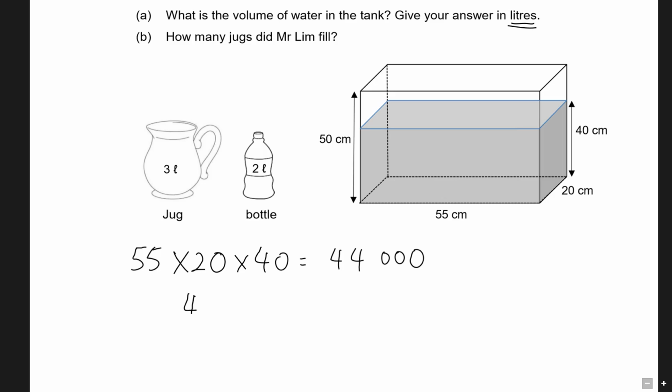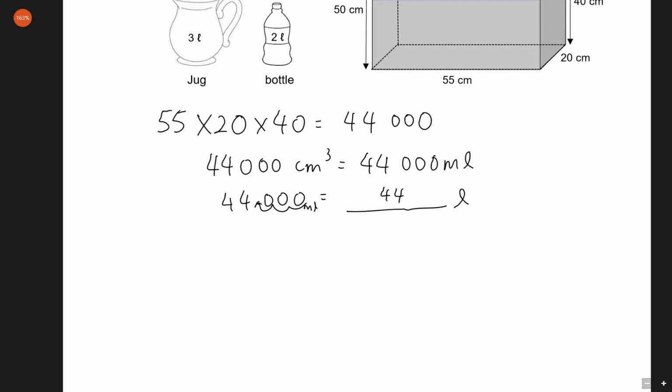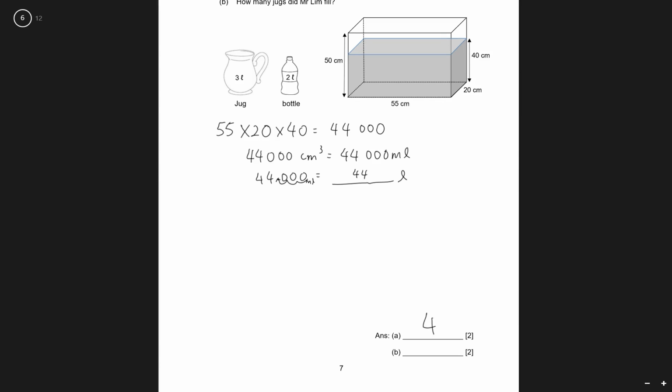So we're going to change from cubic centimeter to milliliters first, and from milliliters, change it to liters. Small to big, divide by 1000. So the volume of the water in the tank will be 44 liters.